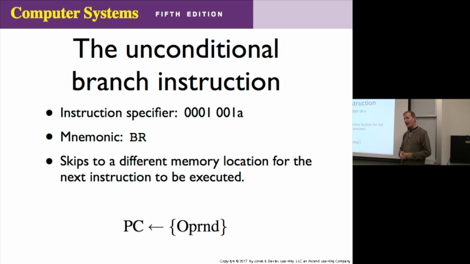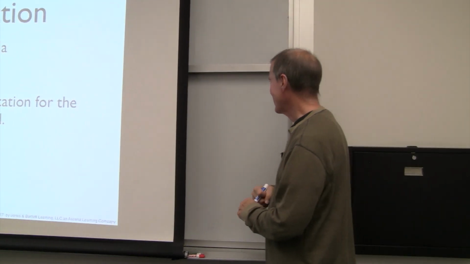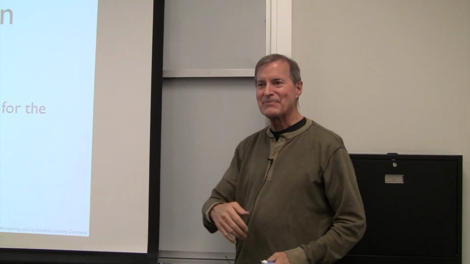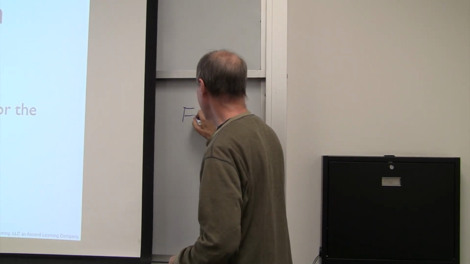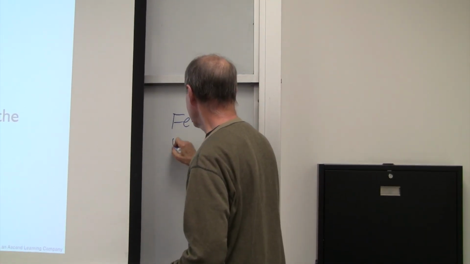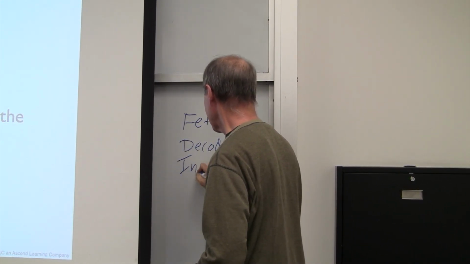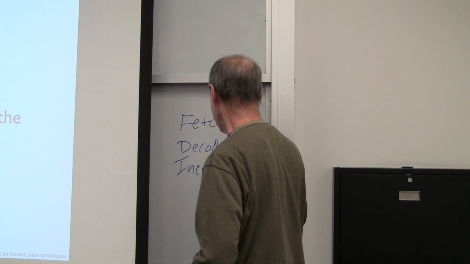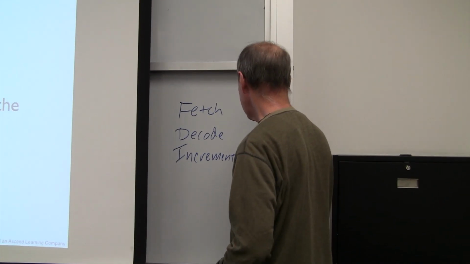Now, how on earth does that make things skip around? Okay, look. What's the von Neumann cycle? Fetch. Decode. Increment. Increment the what?